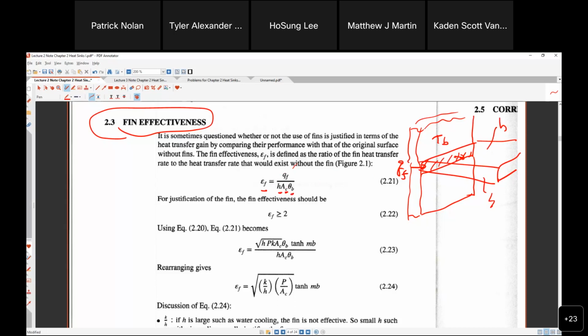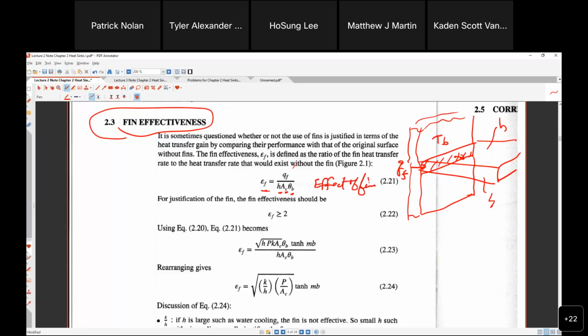Theta_b. So this is the small, okay, but sometimes in design of a fin, we like to know what is the effectiveness, the actual with a fin but without the fin, so 5 times, 10 times, 100 times the effect of a fin.